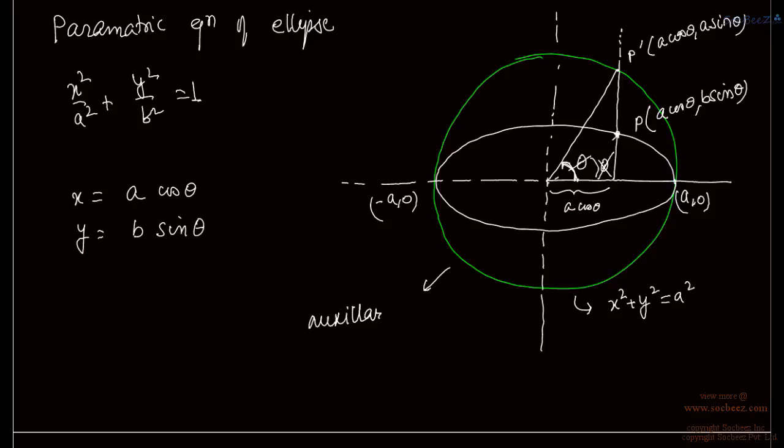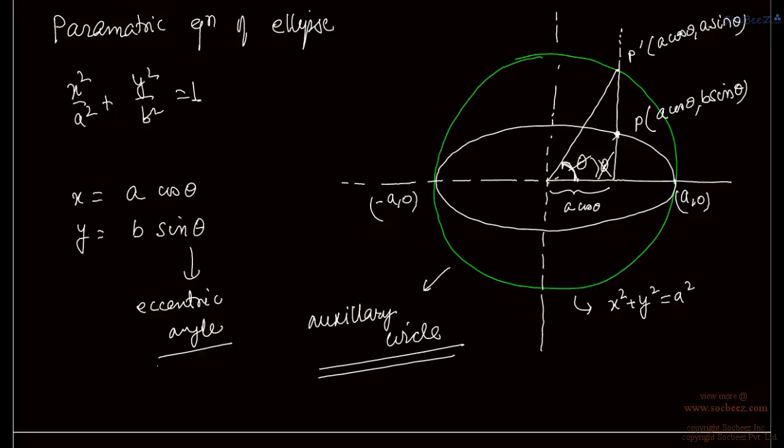So theta is a point on the auxiliary circle. Also, theta is called the eccentric angle.